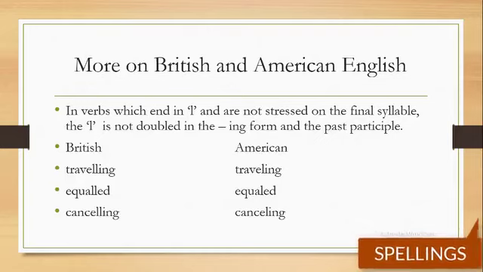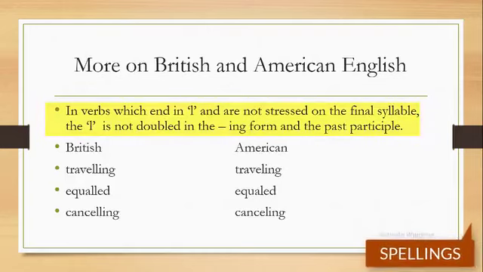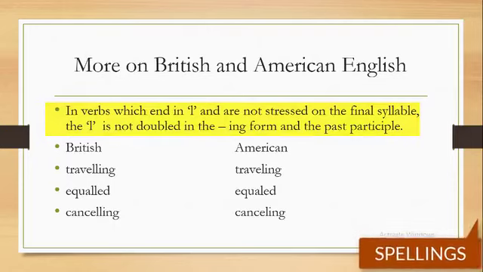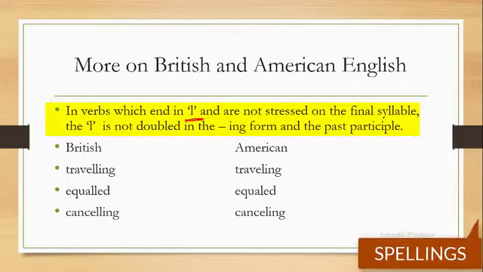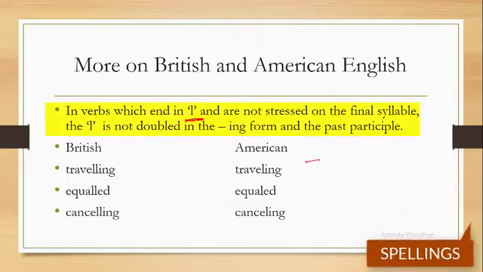Sometimes we could have them in verbs, especially verbs which end in letter L. Most times in British English, we double the L and we add the morpheme either ed or ing. That's to show either the past tense or the present continuous tense. For instance, the verb travel.